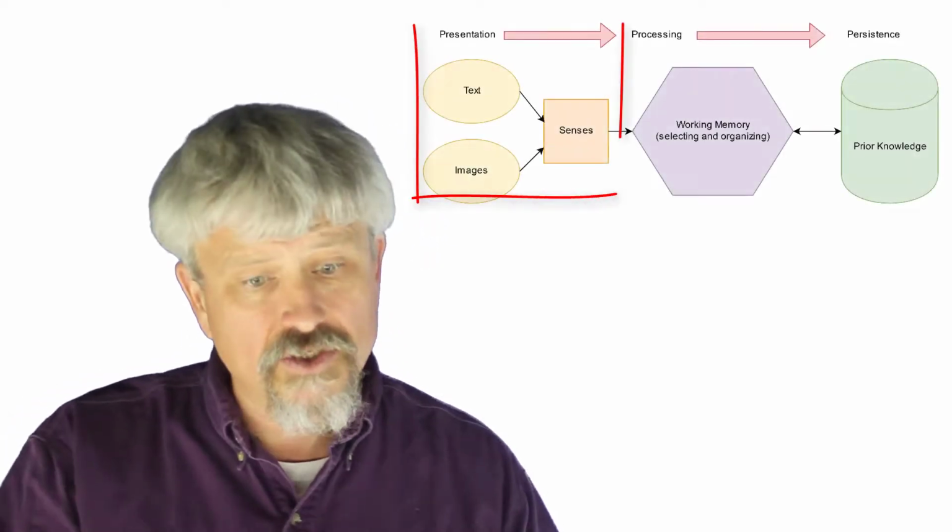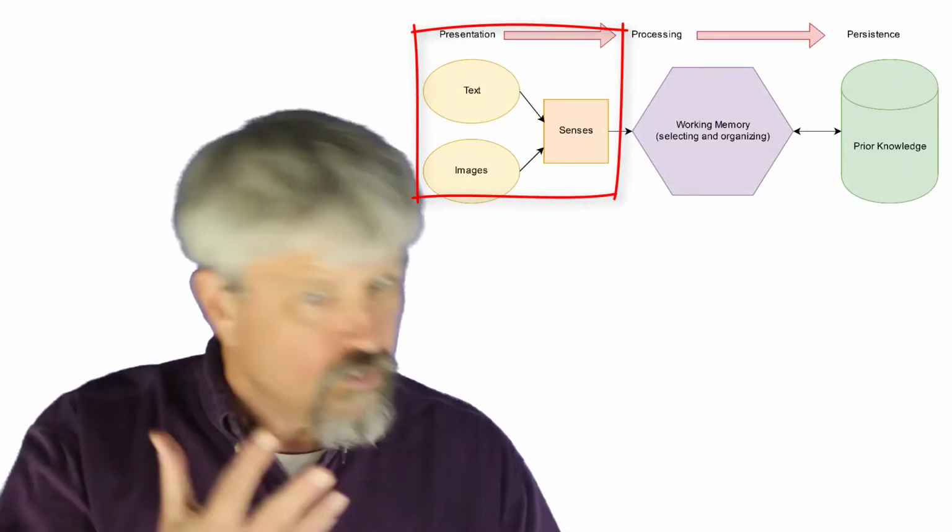This adds to the intrinsic load, trying to visually remember and process the picture, but then also keep that floating while you flip pages and process the words. By having related items together, this makes it easier for the learner, minimizing that extraneous load.